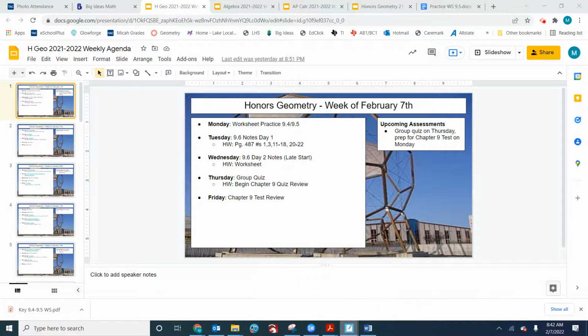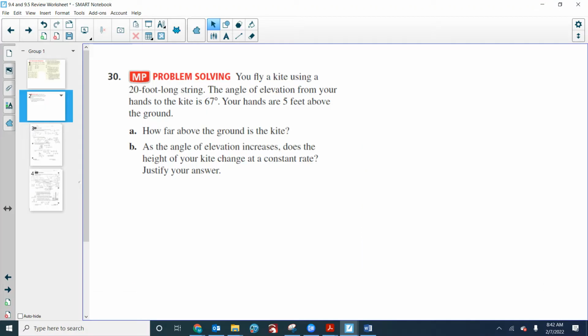And you guys asked to see number 30, it looks like. All right, so you're flying a kite using a 20-foot long string, one-handed, being risky.